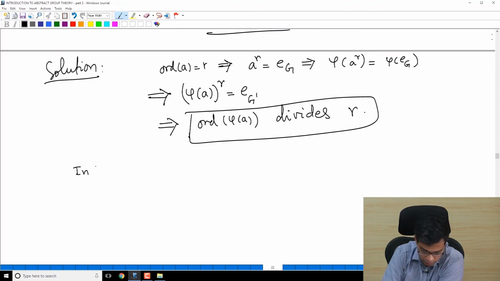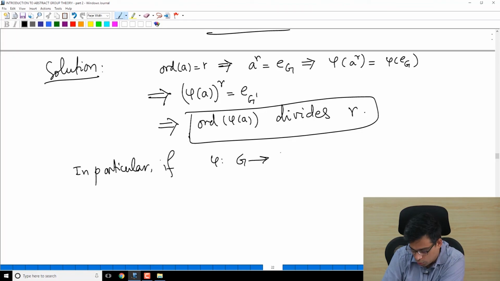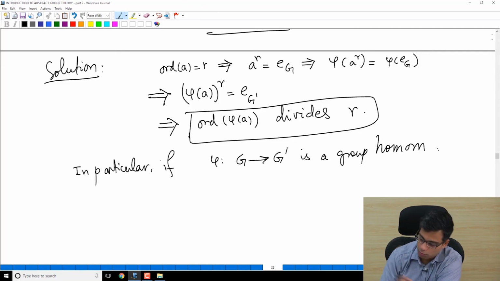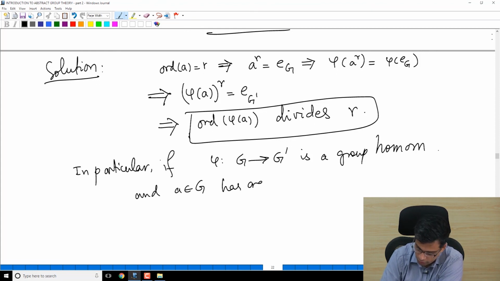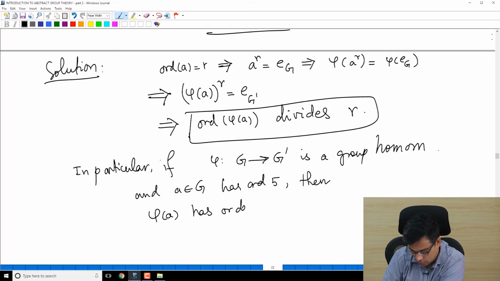So in particular, if phi is a group homomorphism, and A is an element of G with order 5, then phi of A has order 1 or 5.